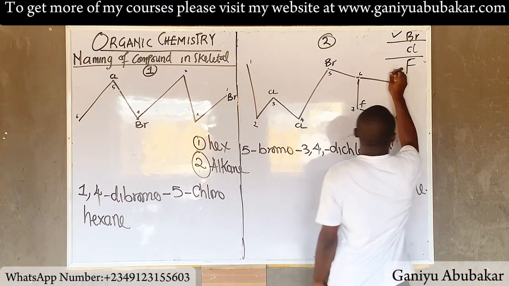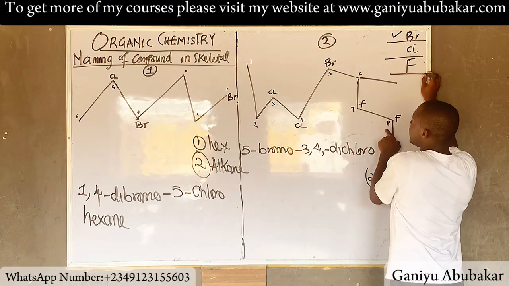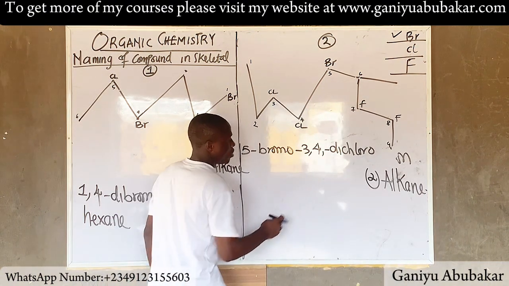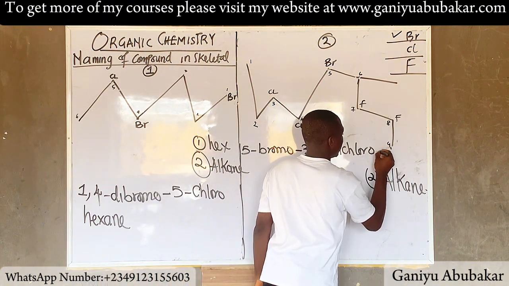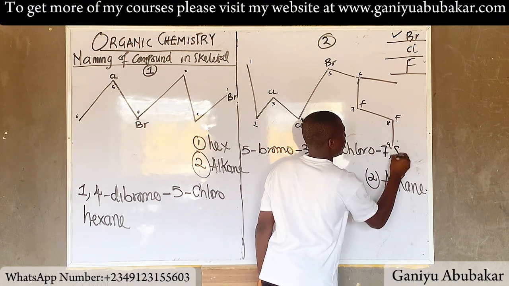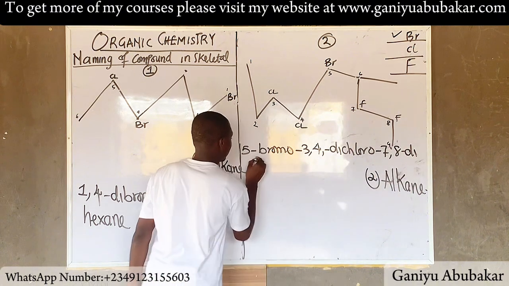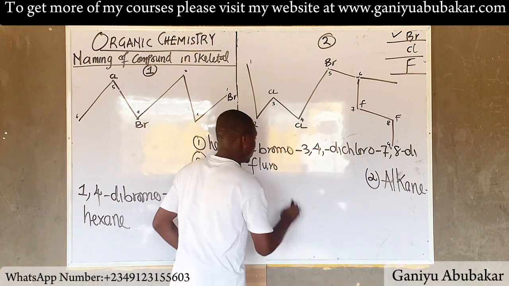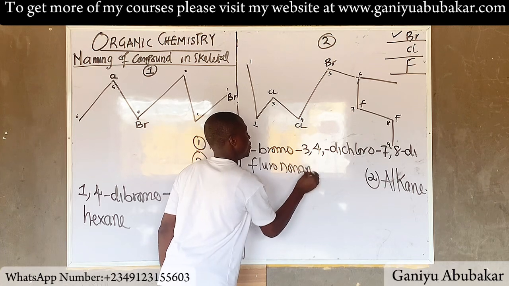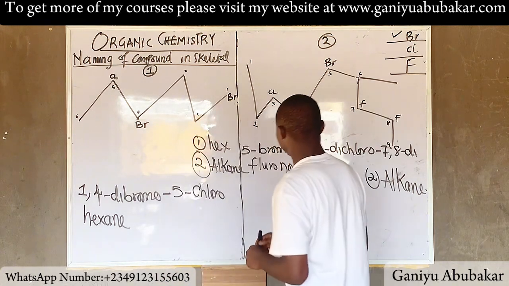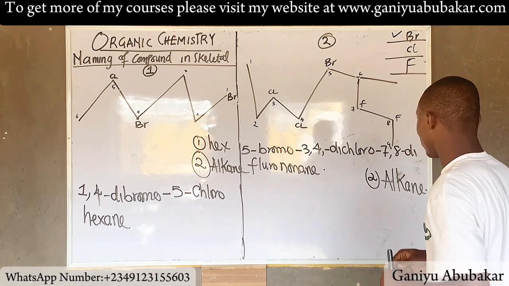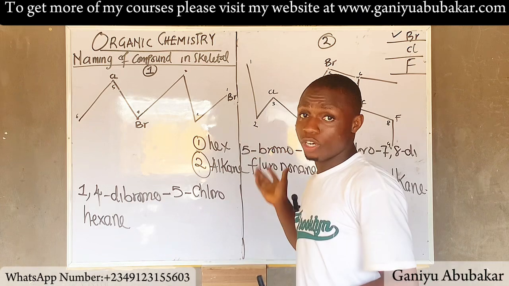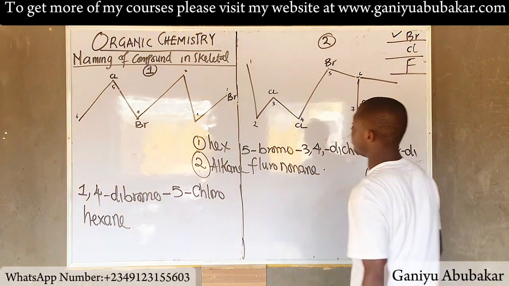After chlorine, what is fluorine? 7,8-difluoro. What next? The 9-carbon chain, nonane. So the compound is called 5-bromo-3,4-dichloro-7,8-difluorononane.